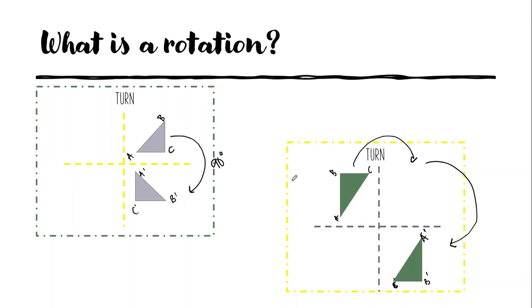Perfect. Okay, so let me go back to this first one. So this is 90 degrees clockwise. And it's the same thing as going 90, 180, 270 counterclockwise. Those are the same thing.